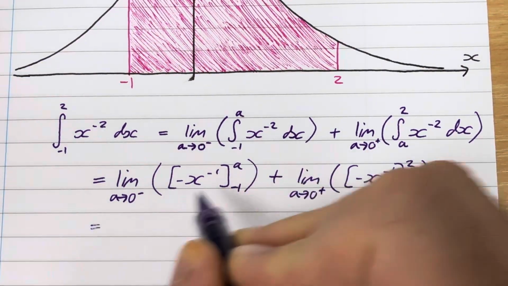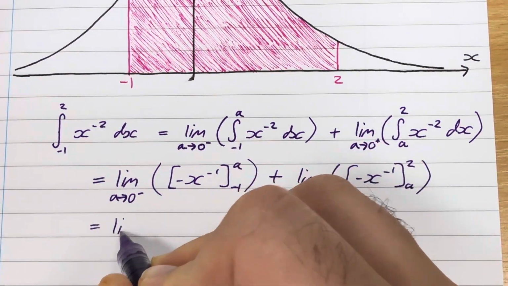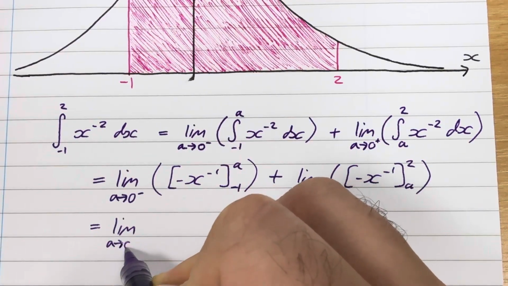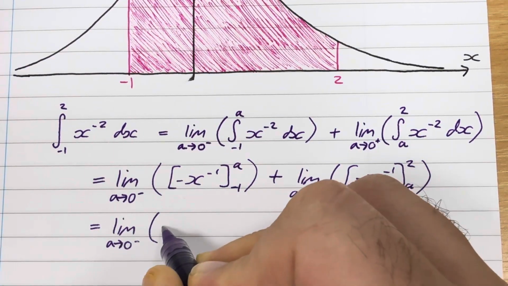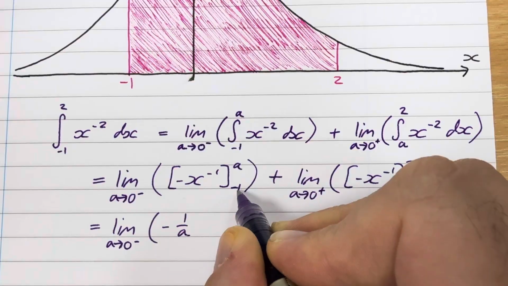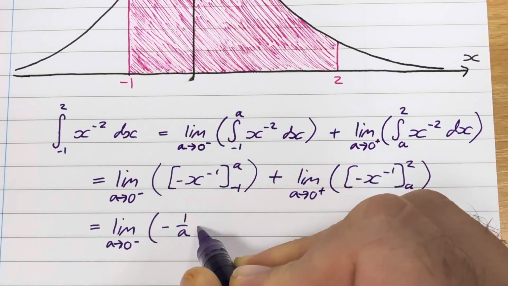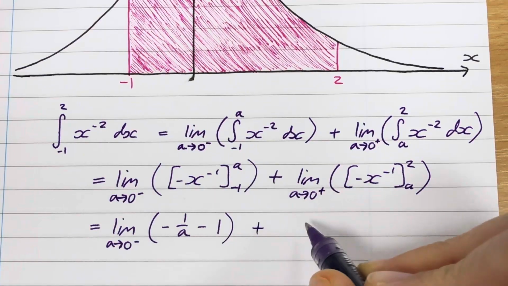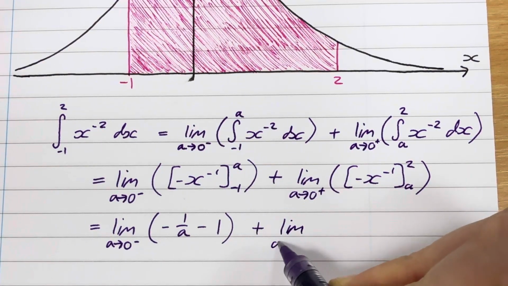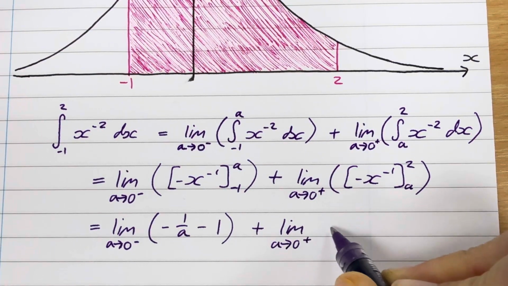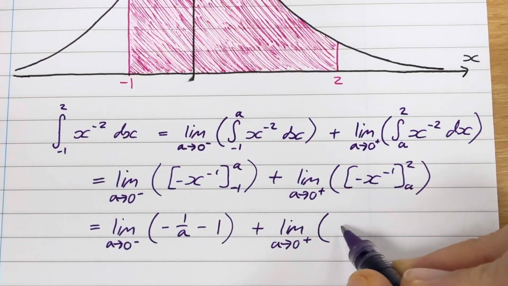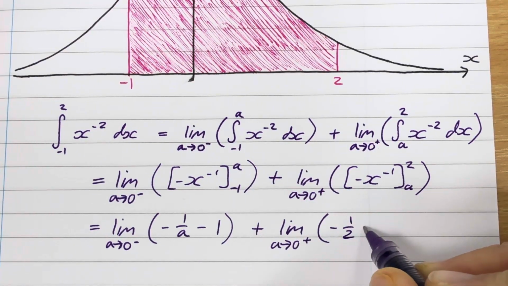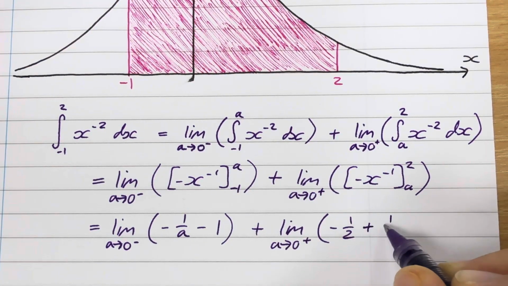And now we sub in our limits, just as we would normally. So limit as a tends to 0 from below of minus 1 over a. And when I plug in minus 1 into there, I'm going to get minus 1 altogether, because there's 3 negatives. And then plus the limit as a tends to 0 from above of minus a half plus 1 over a.